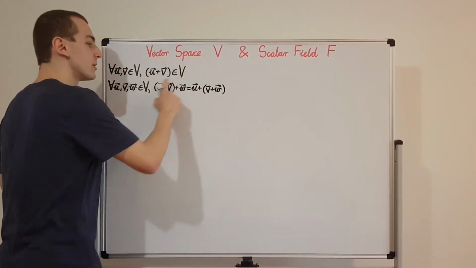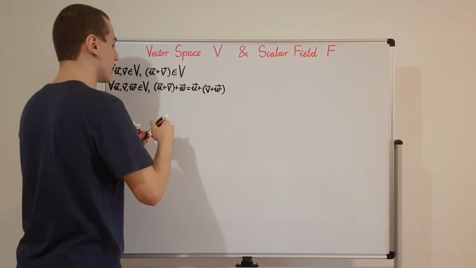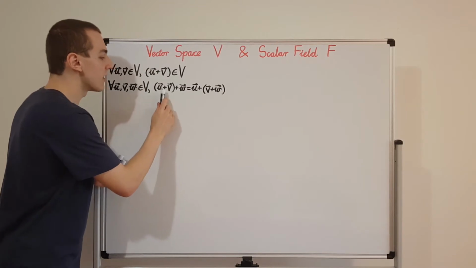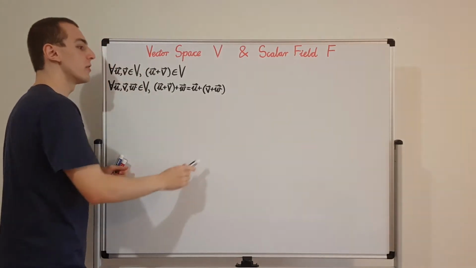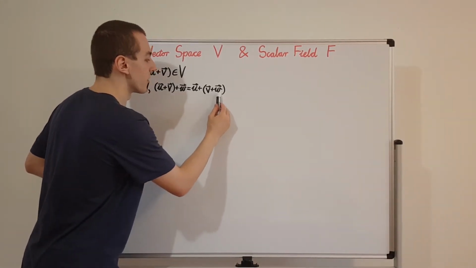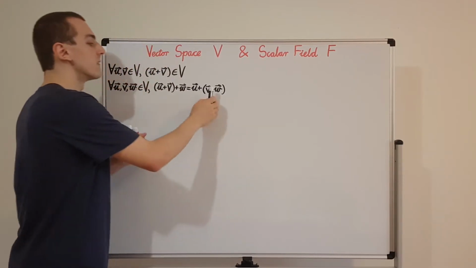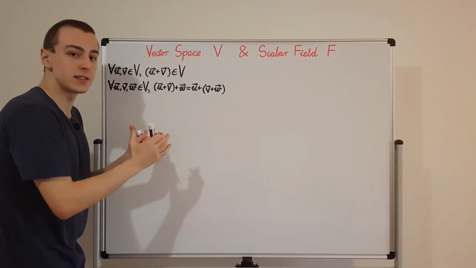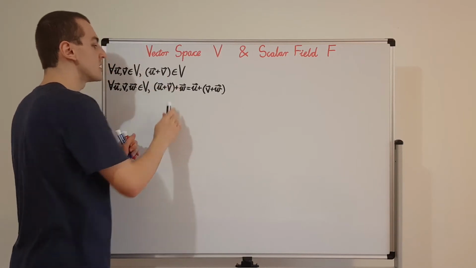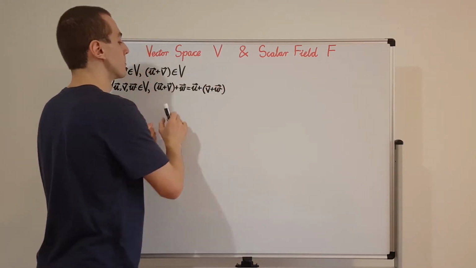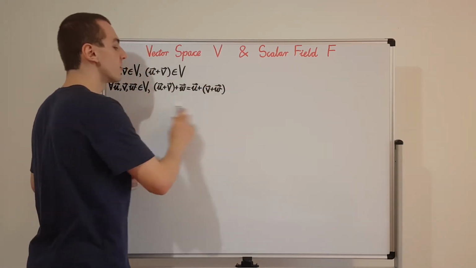So what is the difference between this side and this side of the equation? Over here, I'm evaluating the sum of u and v first, and over here, I'm evaluating the sum of v and w first. So the order in which you evaluate these, the groupings, does not matter. These brackets are just saying the groupings of these sums. That is the associative property.